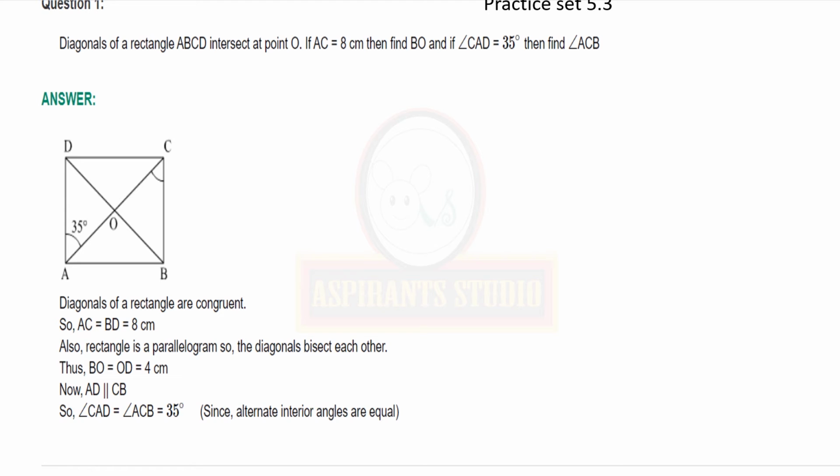So you get the alternate interior angles to be angle CAD and angle ACB. So they are congruent. Alternate interior angles are congruent. So measure of angle CAD is equal to measure of angle ACB is equal to 35 degrees, since you are given that measure of angle CAD is equal to 35 degrees.